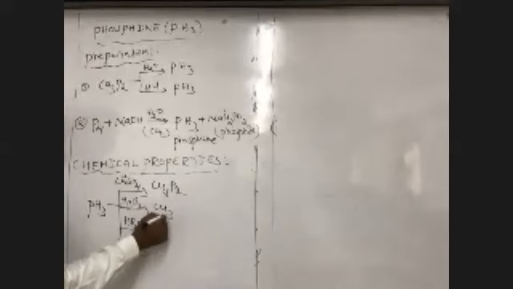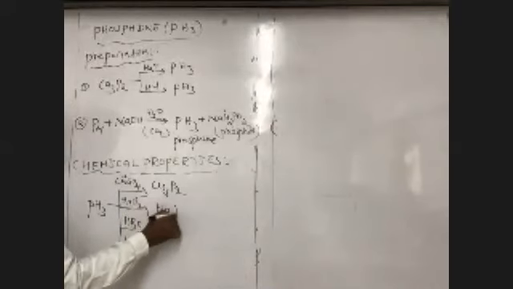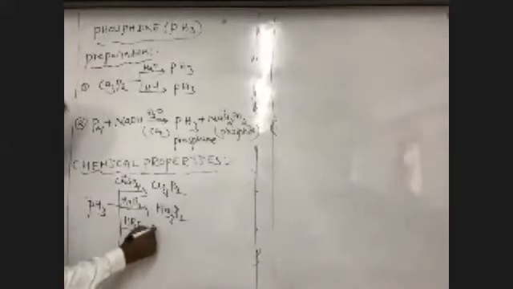When phosphine reacts with copper sulfate it forms copper phosphide, and when it reacts with HgCl2 it forms a mercury phosphide salt, Hg3P2. Here the PH3 behaves like a very weak base. PH3 reacts with an acid like HBr to form PH4Br.